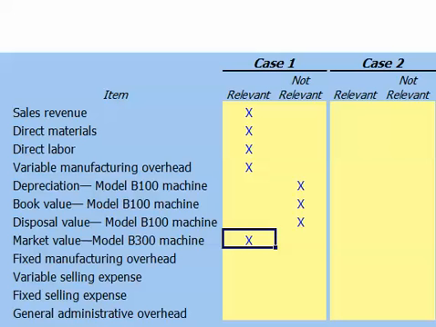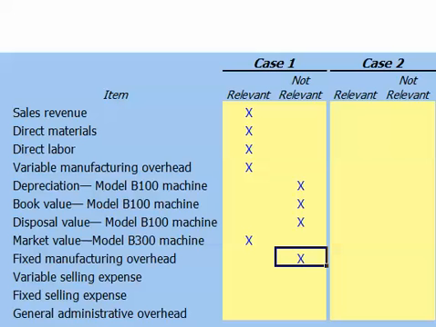Now the market value or cost of the new machine, the B300, is clearly relevant to our decision as to whether or not to purchase the machine. Our fixed manufacturing overhead was not relevant because we were told that it wasn't going to change if we increased production. We had enough excess capacity, there'd be no change in our fixed manufacturing overhead, so it's not relevant to our decision.